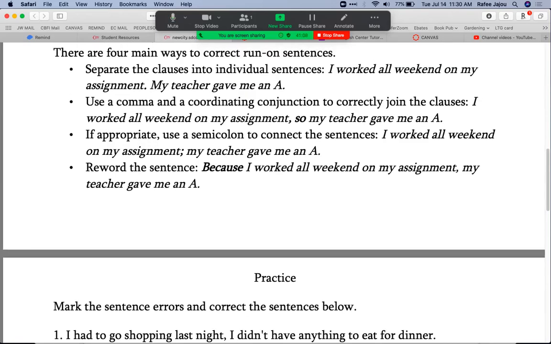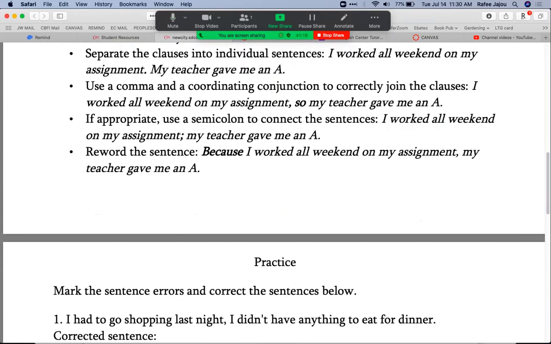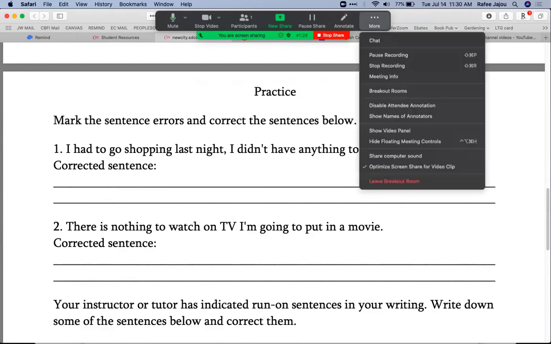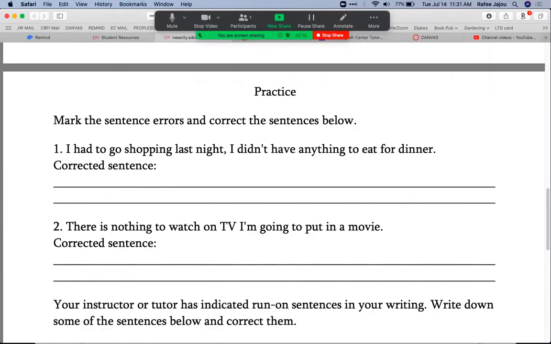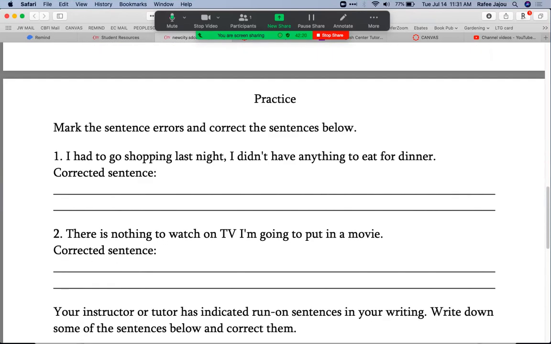And works. And, but, and so are your number 1 connecting words when you use it with a comma. So, and I didn't have anything for dinner. Let's see here. Option 3, semicolon. I had to go shopping last night, semicolon. I didn't have anything to eat for dinner.